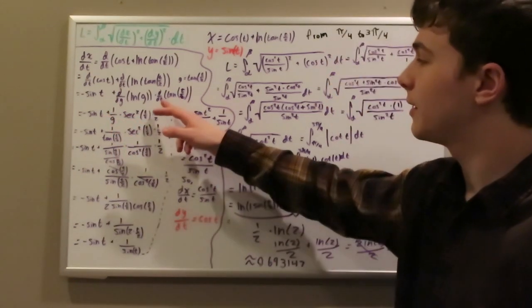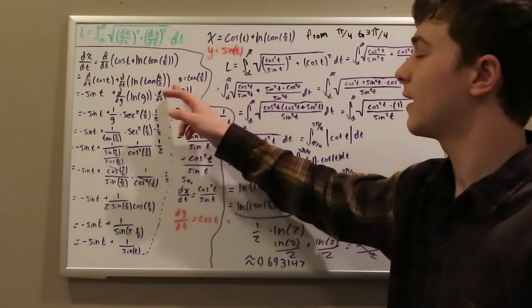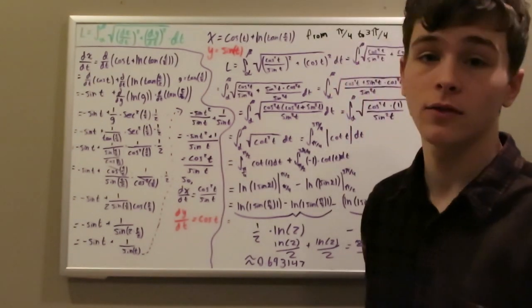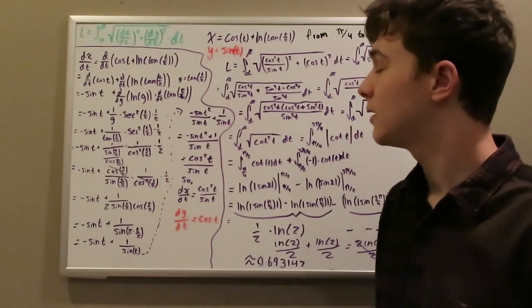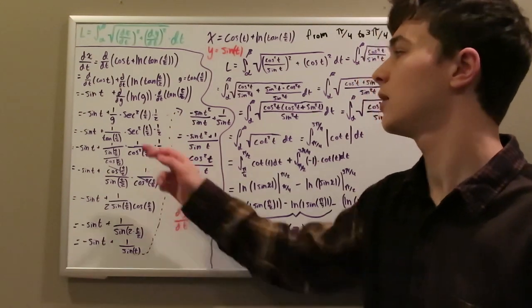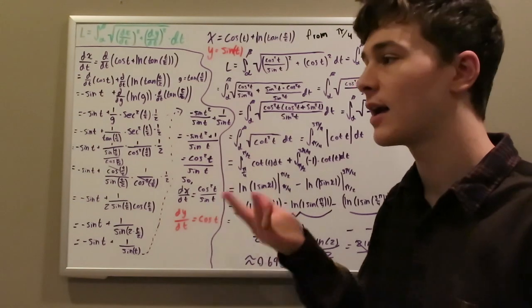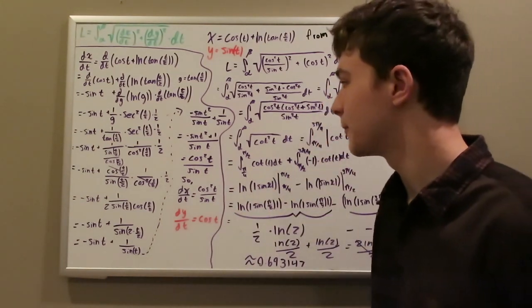And then you multiply that by the derivative of tan of t over 2. So then you get negative sine t plus 1 over g times secant squared t over 2 times 1/2. And secant squared t over 2 times 1/2 is another basic derivative that you would need to know from Calc 1 or Calc 2.